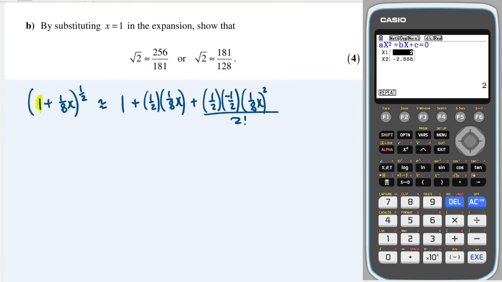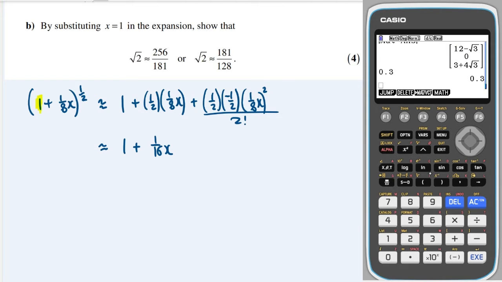Okay, so this is 1 plus, that will be 1/16 x. Here we will have 2 times 2 is 4. Let's just do this on the calculator, I don't want to make a mistake. We're going to have, on the bottom, 2 times 2, and we're going to get an 8 times an 8 as well.